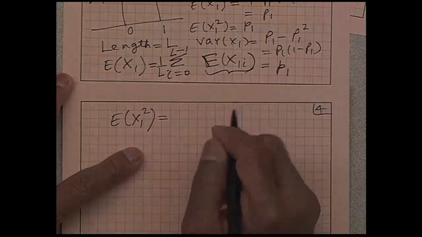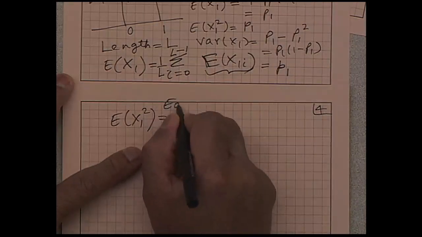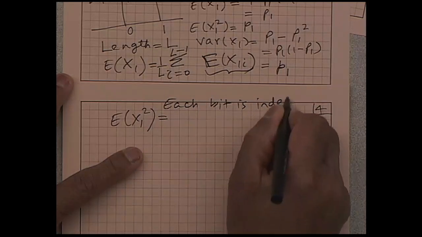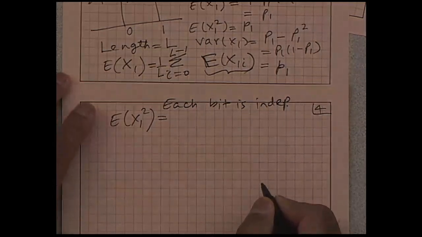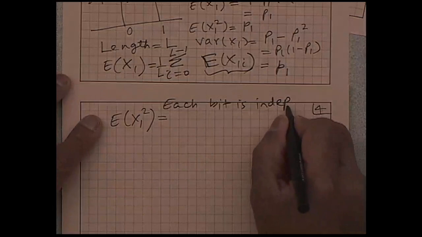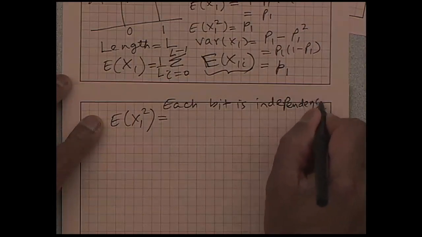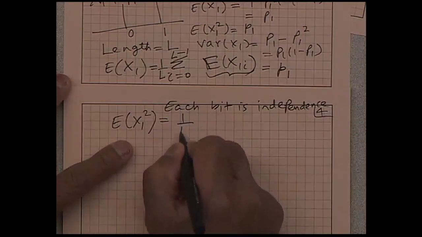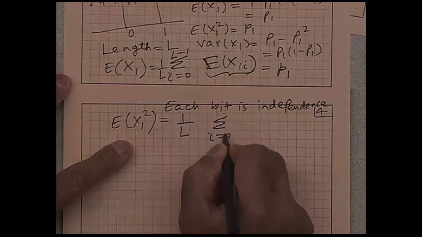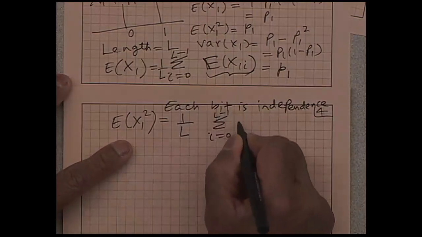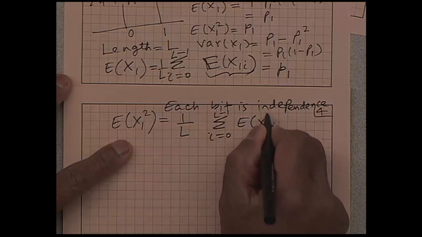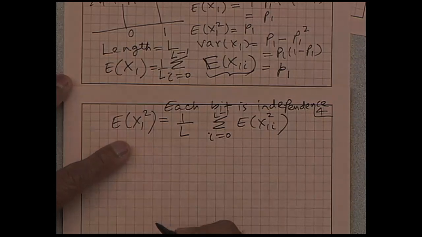That's a big assumption, and sometimes it will not be true. But if I make this independence assumption, then this is going to be 1 over L times the sum over i equal to 0 to L minus 1 of the expected value of x1 i squared.